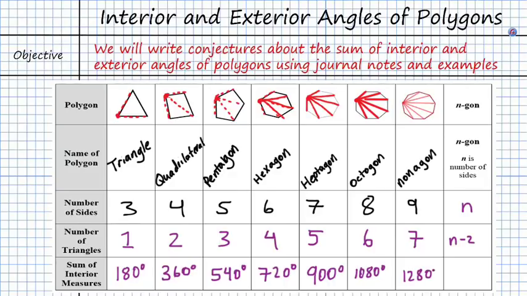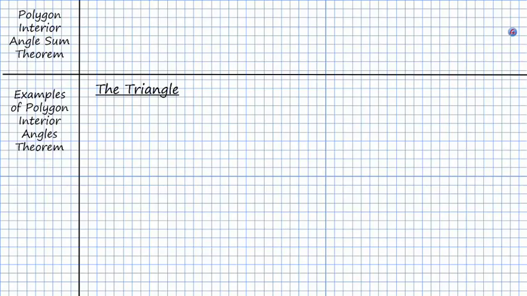And what we see is that the sum of the interior angles is going to be the number of those triangles that are formed times 180, because that's the sum of the interior angles of a triangle. So if I want to summarize this result, it becomes my polygon interior angle sum theorem.